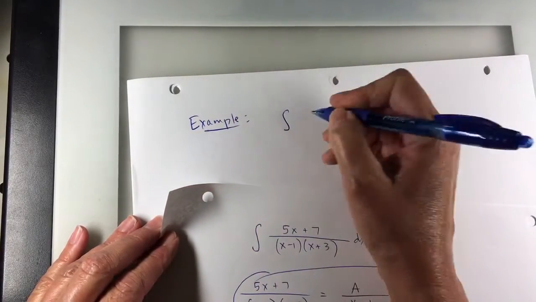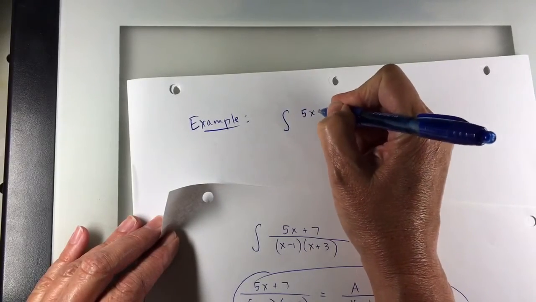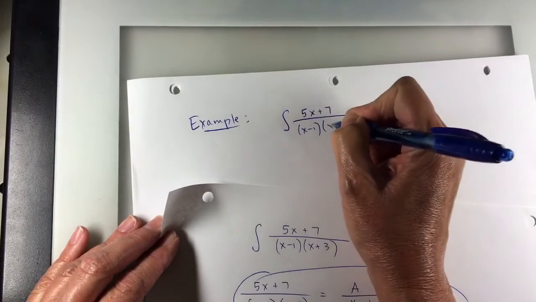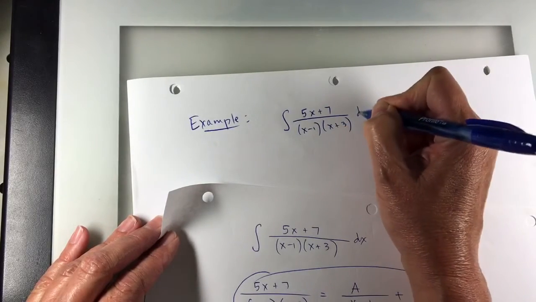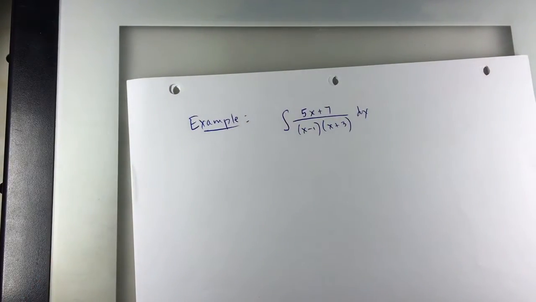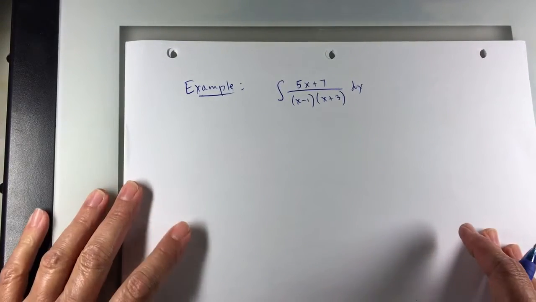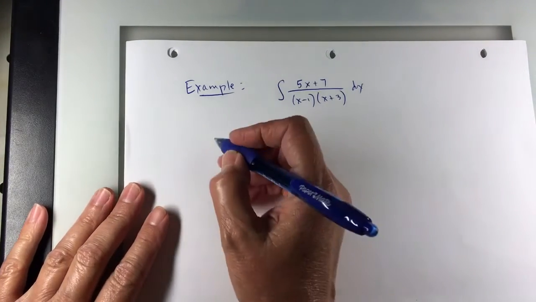I want to find the integral of 5x plus 7 over x minus 1 times x plus 3, and that's dx. So I'm seeing the rational expression, and I'm thinking it looks like a partial fraction decomposition problem to me.